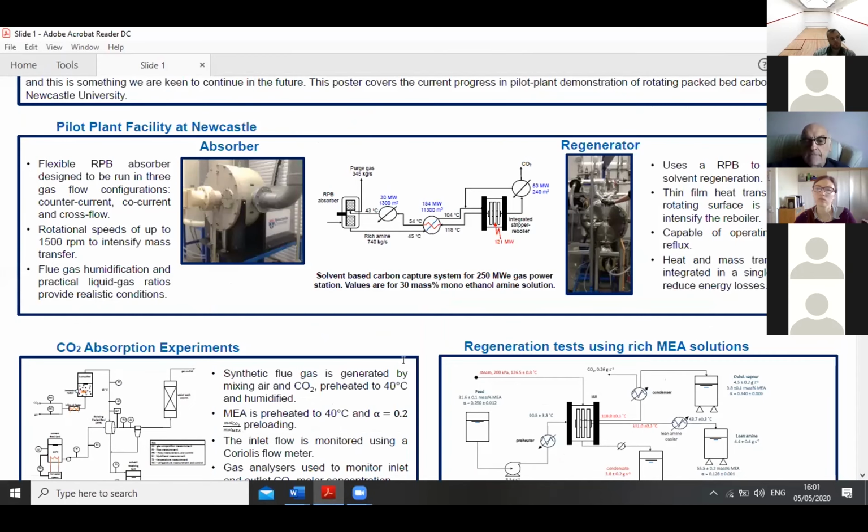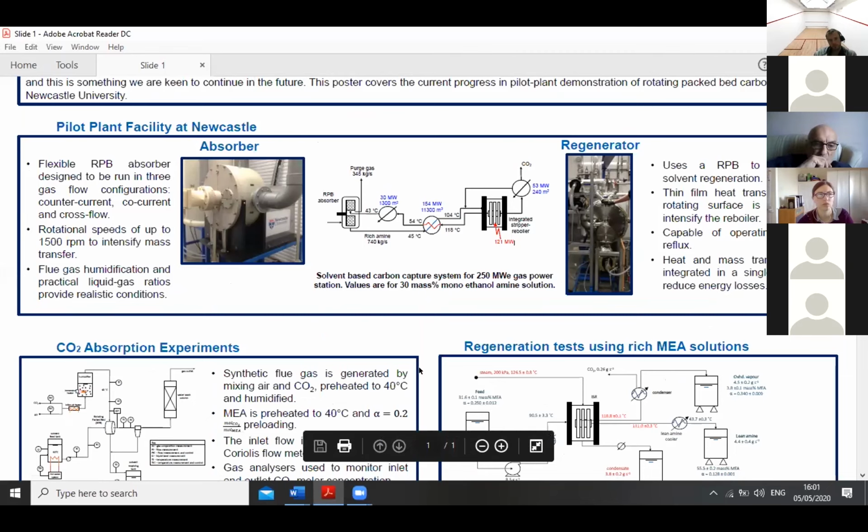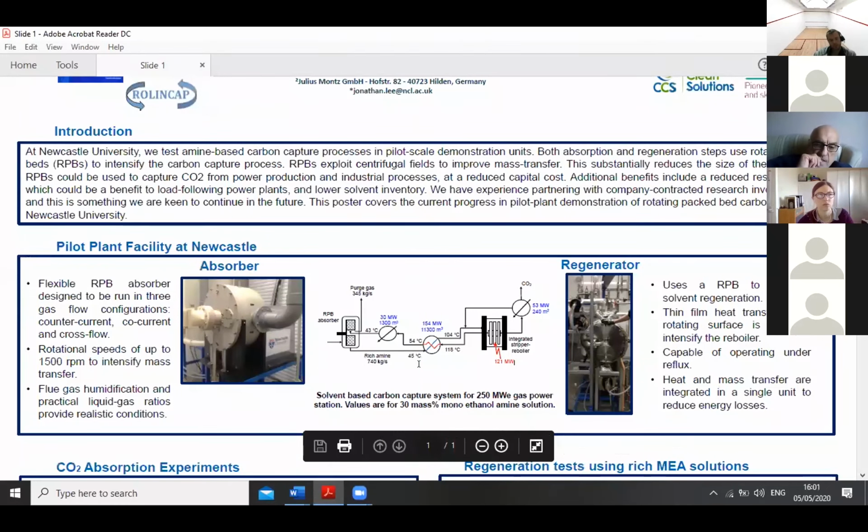So it can reduce the size by about an order of magnitude, so about 10 times size reduction in the size of the column. That does come with the additional operational costs due to driving the rotation.